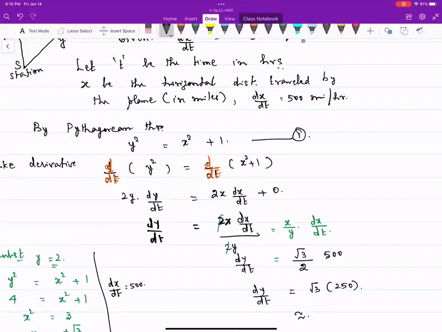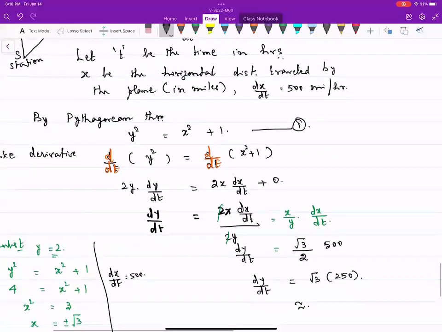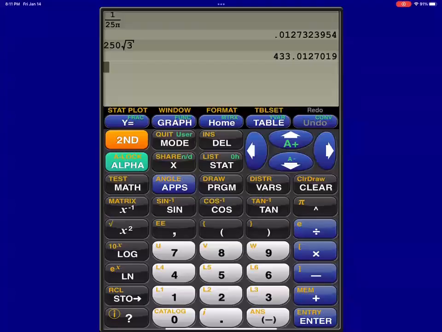So the distance between the plane and the station is increasing at the rate of 250 times radical 3. If I show that in the calculator, it becomes 433.0127.